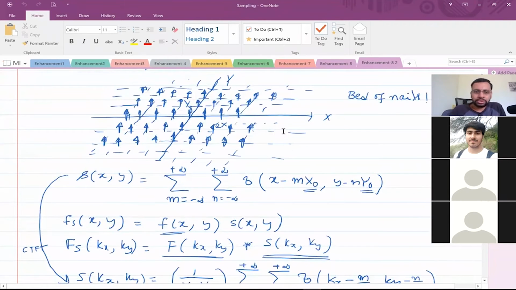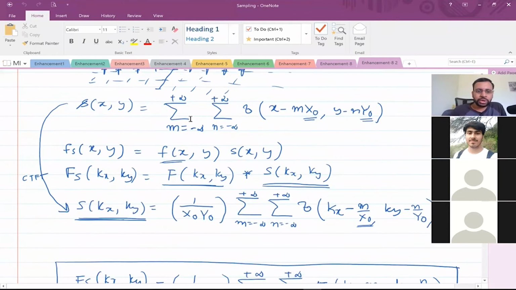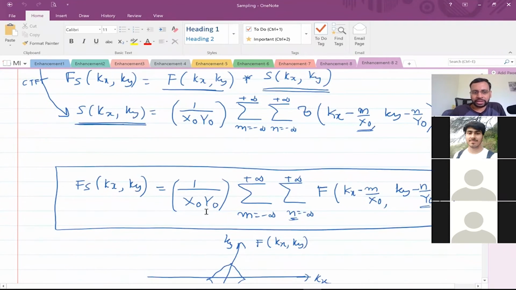So what you are going to have here is one more bed of nails, whose distance along the x-axis is now 1 by x naught instead of x naught, and along the y-axis instead of y naught you have 1 by y naught. And of course the magnitude of those impulses gets multiplied by 1 over x naught times y naught, correct?